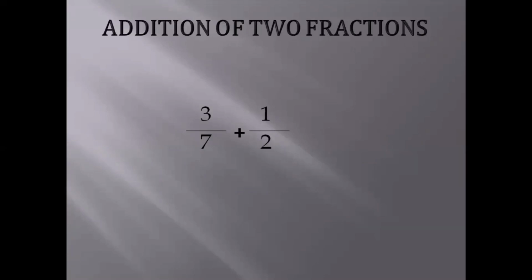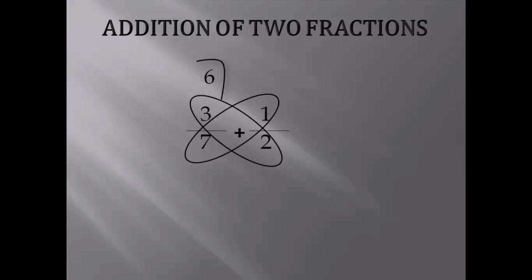The way of doing this question, you have to multiply that 3 and 2. 3 times 2 is 6. That should be taken as 6. Then this 7 and 1 should multiply. 7 times 1 is 7. Then the middle symbol is plus. You are taking that plus up. Then that will be 6 plus 7.